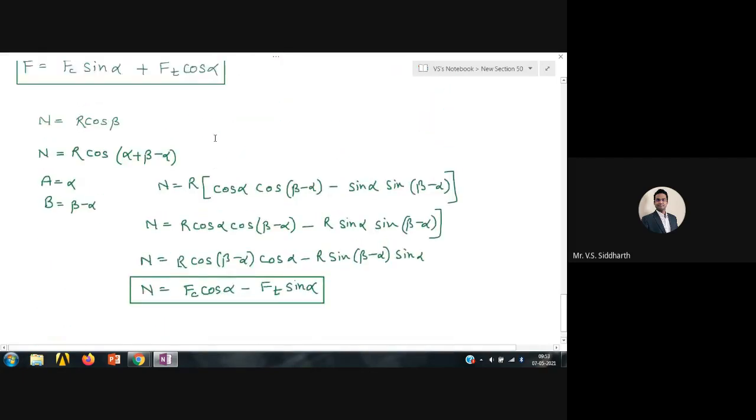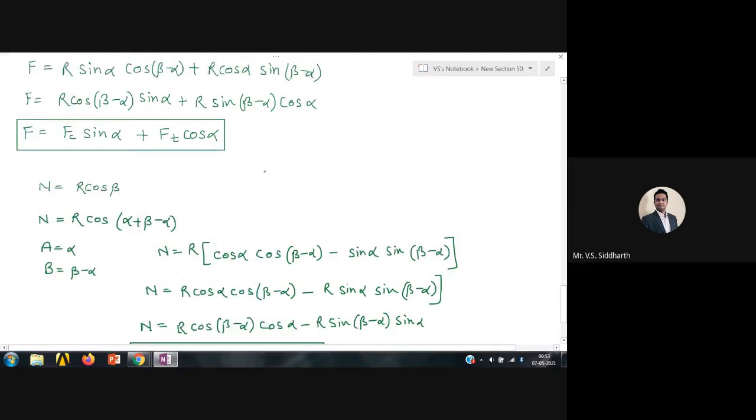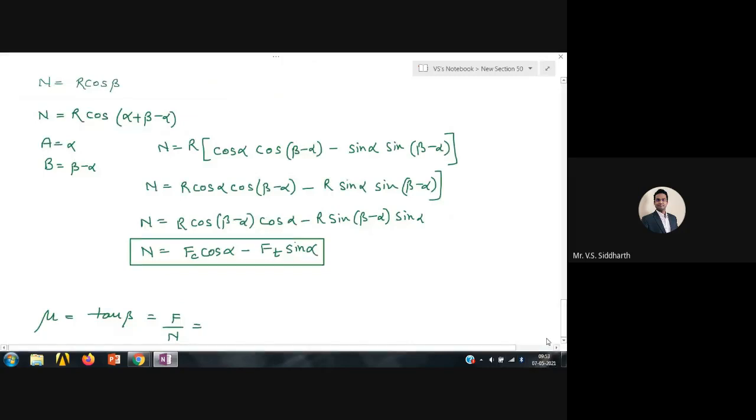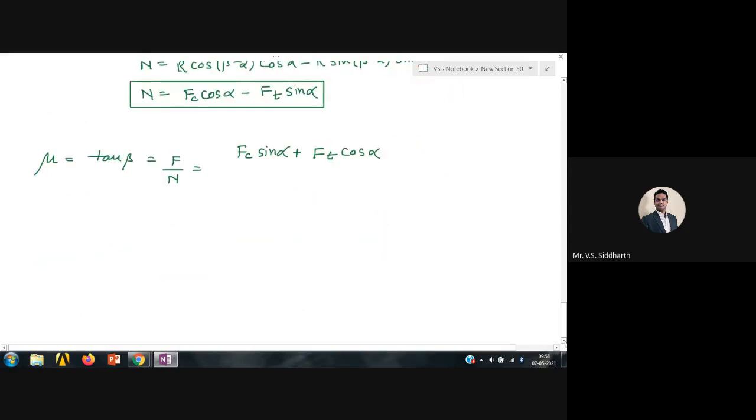So already know what is F, what is N. F is Fc sine alpha plus Ft cos alpha, divided by N. What is N? Fc cos alpha minus Ft sin alpha.